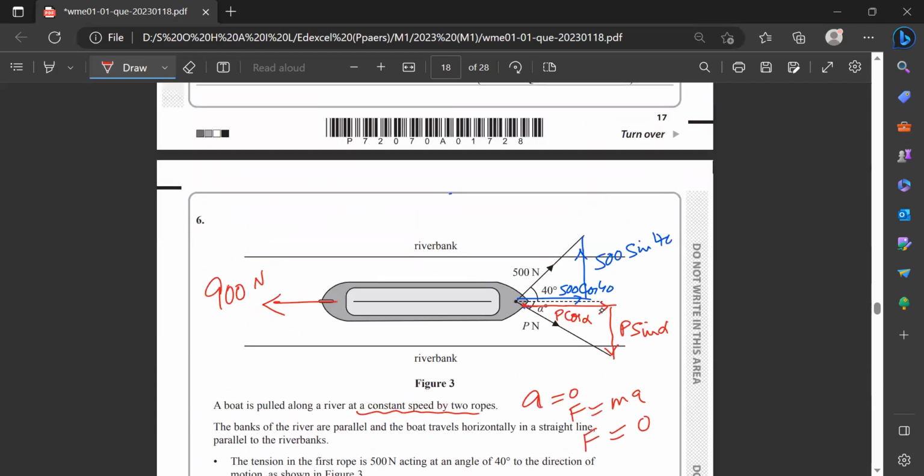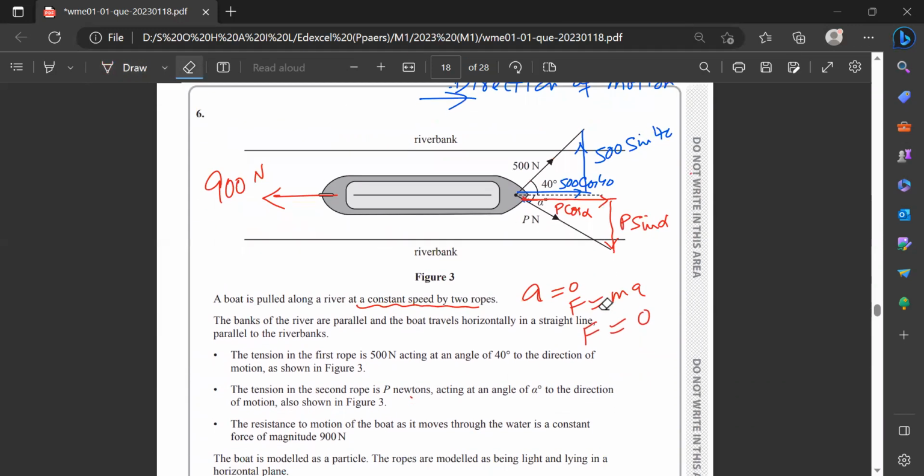Any statement you can write. If I follow the language of this question, resolve forces parallel and perpendicular to the direction of motion. This is the direction of motion. So I have resolved the forces parallel and perpendicular to the direction of motion.